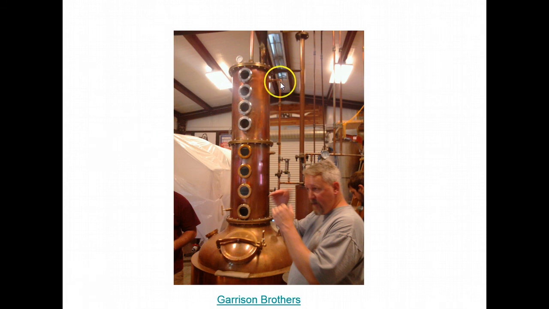And if you see at the top here, you have this copper tubing coming down, and so whatever gets to the top, which you hope is mostly alcohol, then comes down, and these guys are literally collecting it in a pitcher. They've got several stills now. And if you ever go over to Fredericksburg, you can tour the distillery.